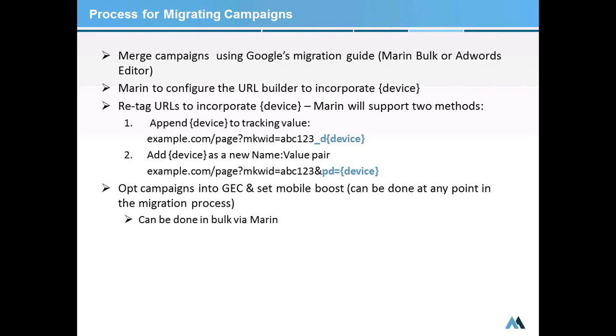And the second method would be a little different, where we add device as a new key value pair. So you would have your mQuid equals abc123 and then ampersand pd equals curly brackets device. This way, if you want to send this information to us, you would need to add another column to the revenue upload file if you're using revenue upload.